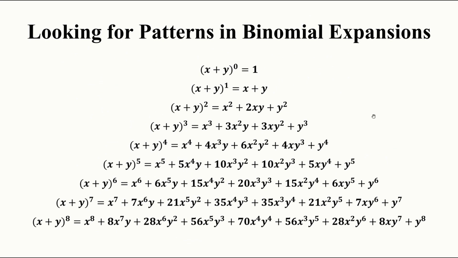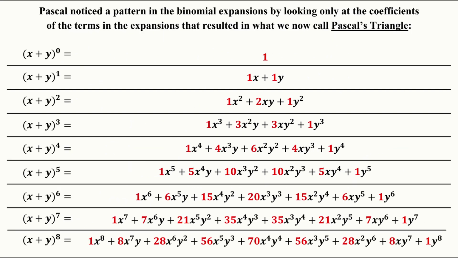So let's go ahead and take a look at the coefficients only to see if we can see a pattern. What Pascal noticed, and perhaps many people before him, but he's the one who's received the credit for this discovery, is the fact that there is a pattern when you only look at the coefficients, which I've outlined here in red, okay?